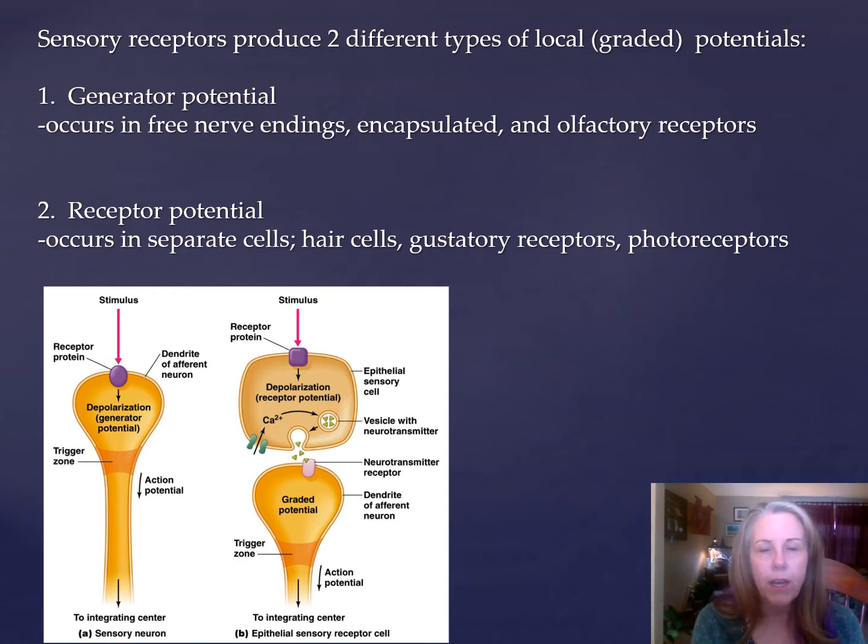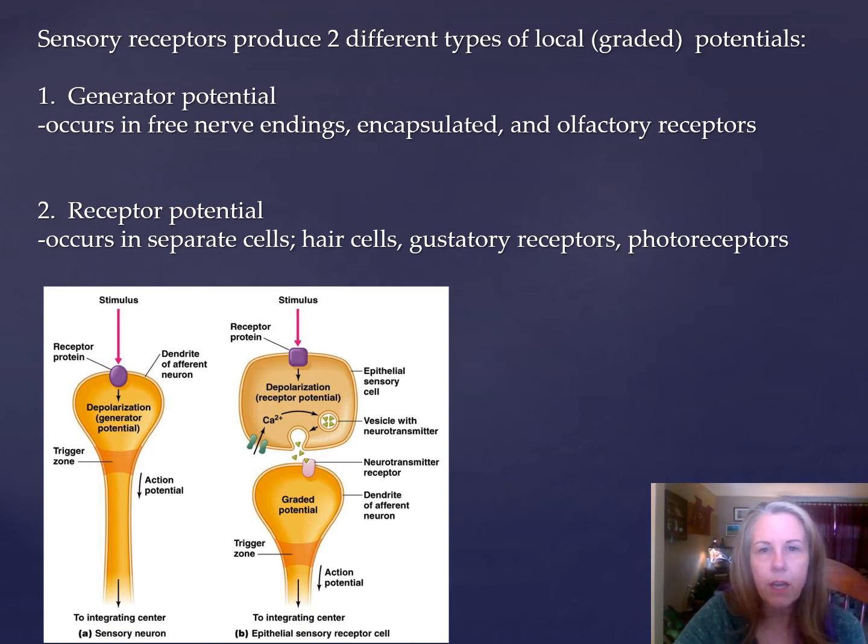If you look at the right half of that picture, this particular cell right here is representing the separate cell, whichever type of separate cell that it is. It got its name because there are two distinct cells there. So a stimulus is going to act on the separate cell, whichever type that it is.